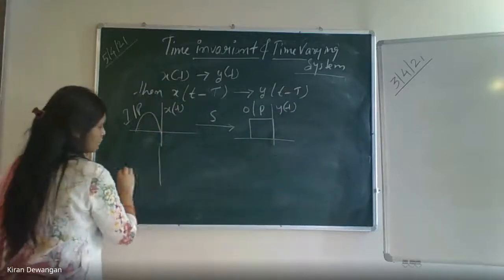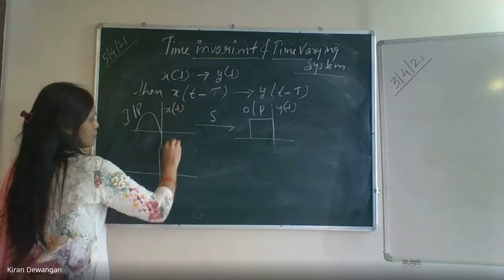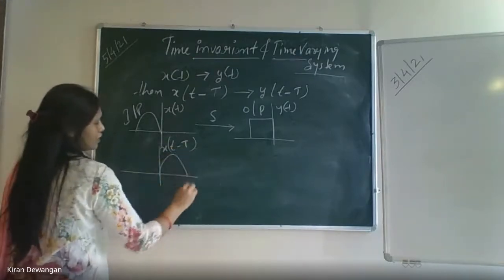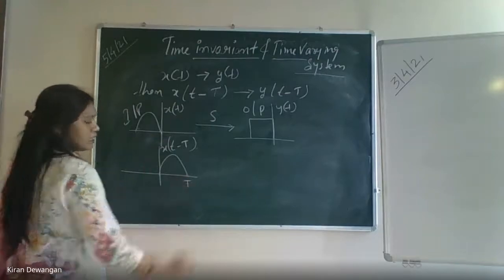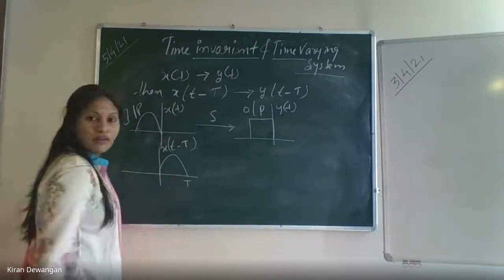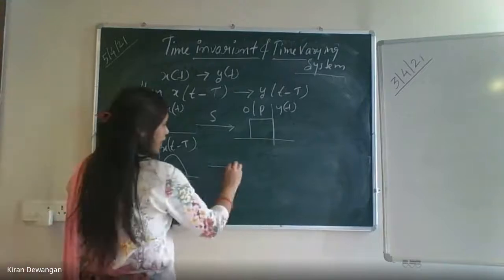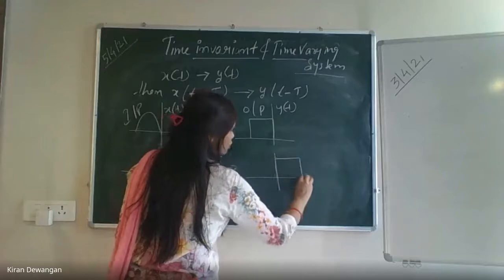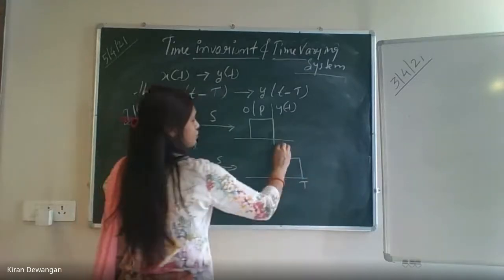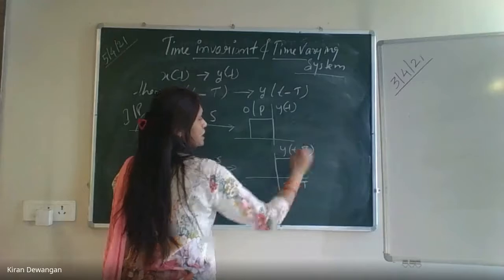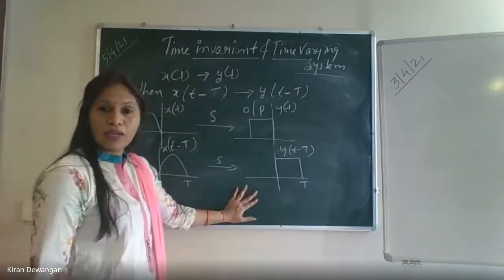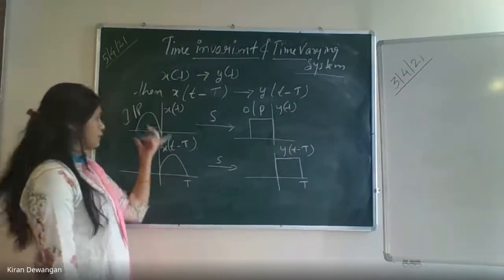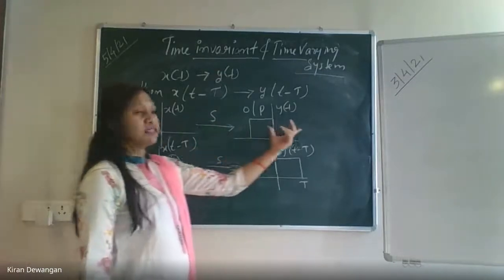Now if I am shifting it by x of t minus t, तो ये मेरा सपोज यहाँ शिफ्ट हो गया, ठीक है. ये 0 पे था तो ये t पे आ गया. It is shifted by a factor of t. Then in that case, if I am getting an output which is also shifted by a factor of t, that is y of t minus t, then the system is said to be a time invariant system. अगर ये इनपुट देती हूँ, I am getting this as an output.